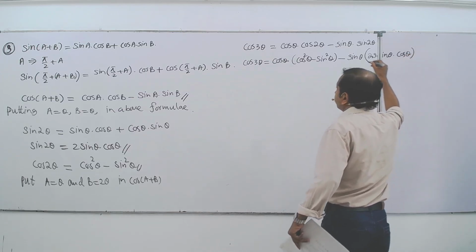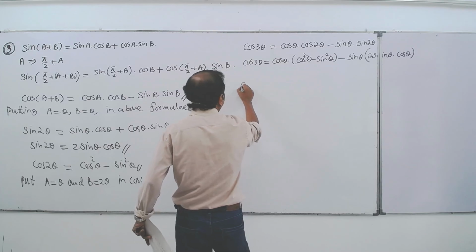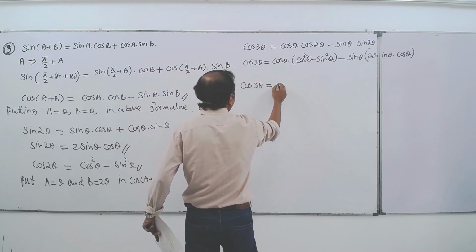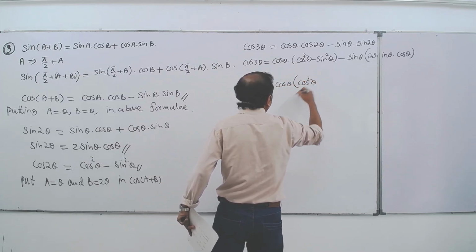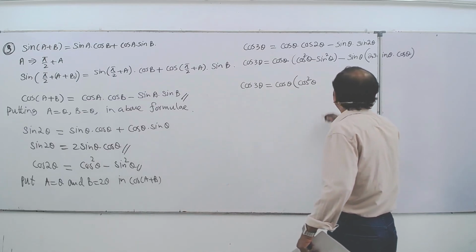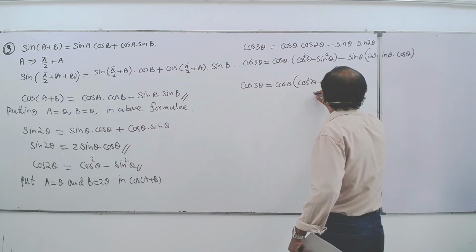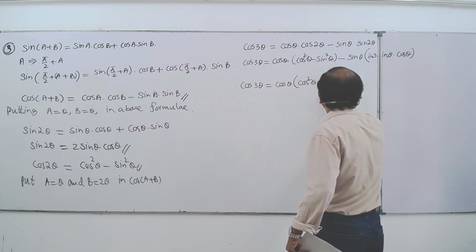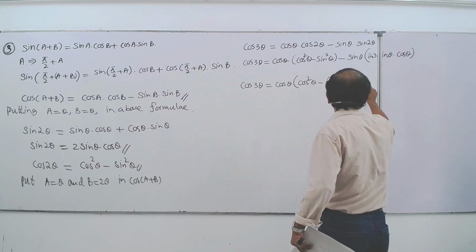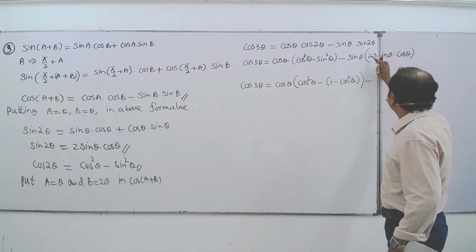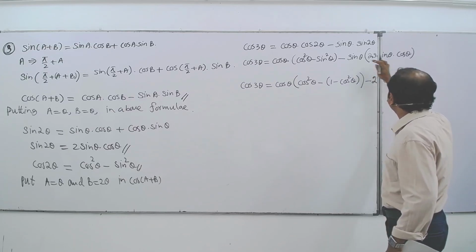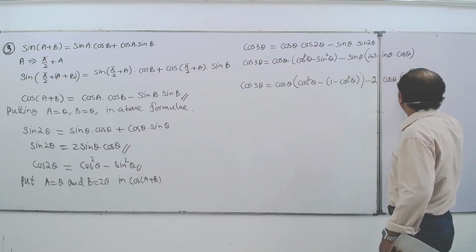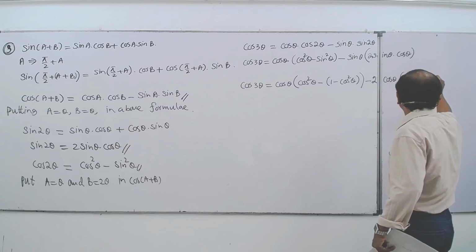And now cos 3 theta is equal to cos theta times cos square theta, minus sin square theta, which I can write as 1 minus cos square theta, minus this 2 and this cos theta, sin square theta, that I write as 1 minus cos square theta.